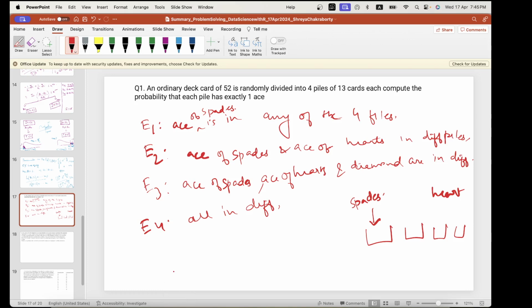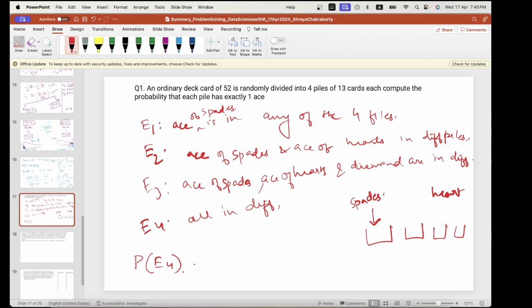Okay? So then you have to find the probability of E4. Is it okay? Now we are going to get the probability of E4.